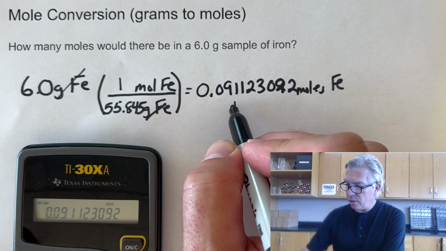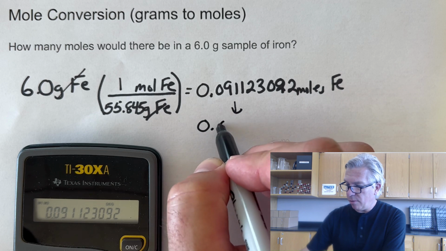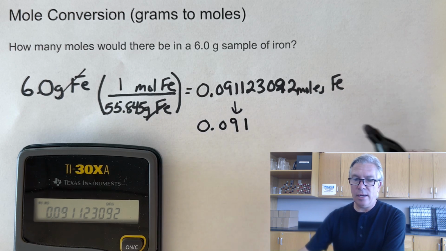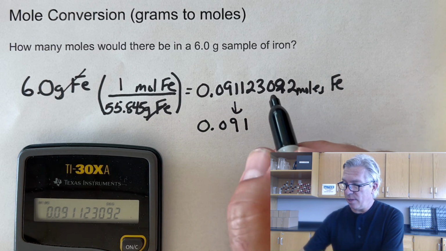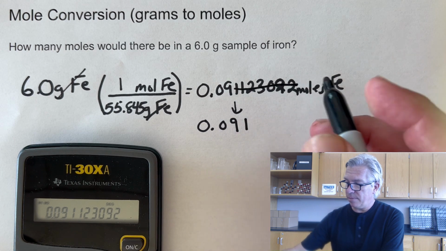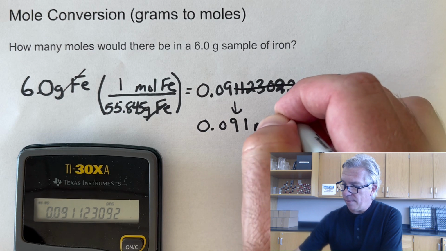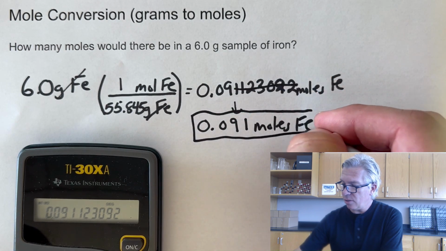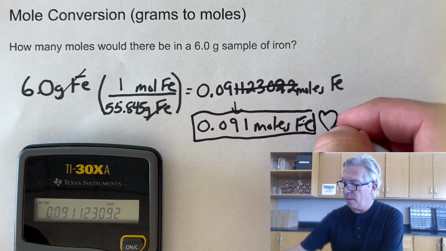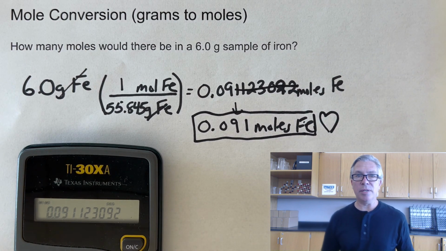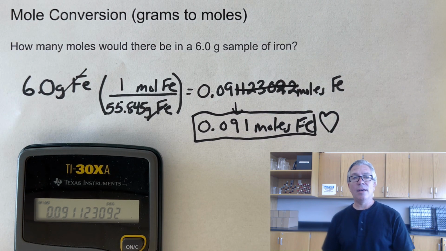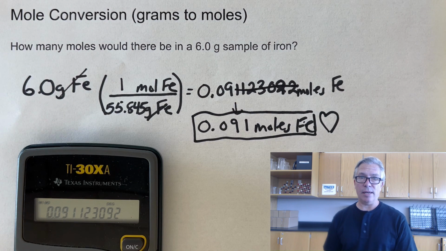So I'm going to round it to 0.091. I'm only going to keep the 91, and I'm going to get rid of everything else. And that is the best answer I can report for how many moles of iron would be in that sample. Take the mass you have divided by the mass from the periodic table.